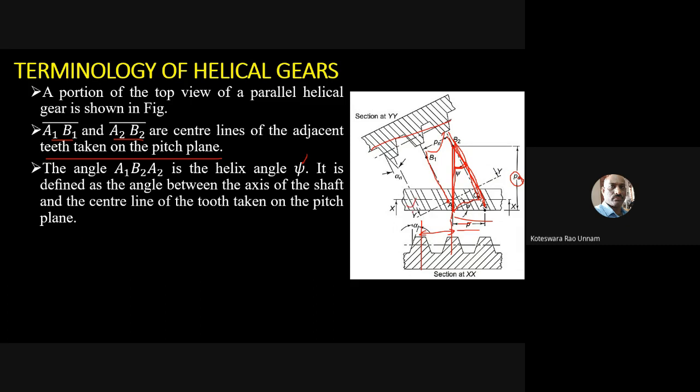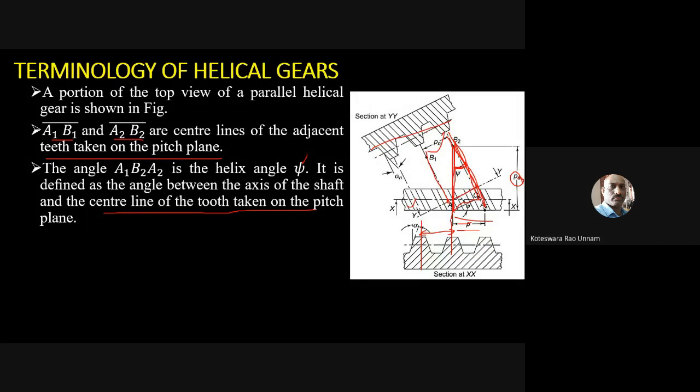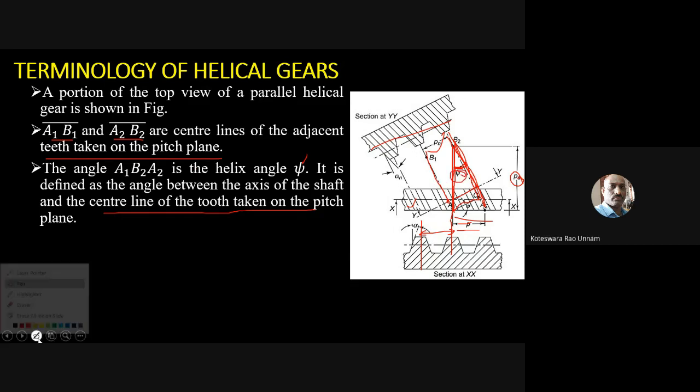Because this is a top view, the axis is going to be a vertical line. So the angle between the axis of the shaft and the central line of the tooth taken on the pitch line, we'll call it the helix angle and denoted by psi.